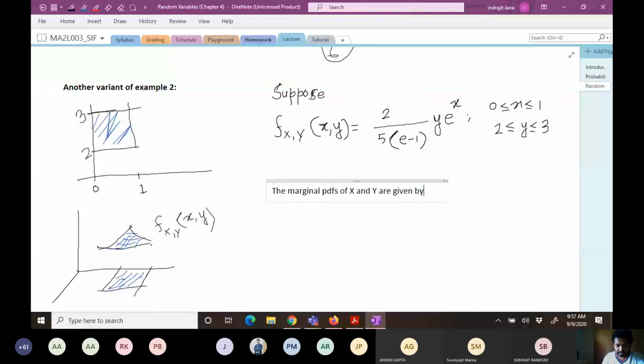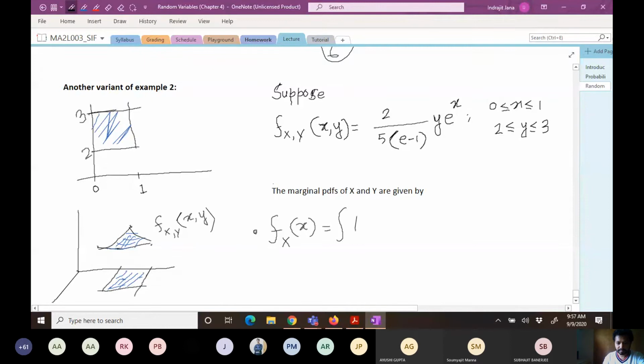For the marginal PDF of X, you do f_X(x), that is the integration of the joint PDF f(x,y) with respect to the other variable, dy.